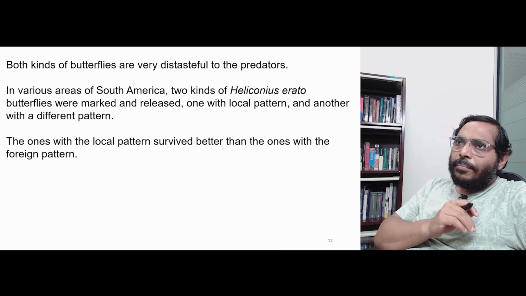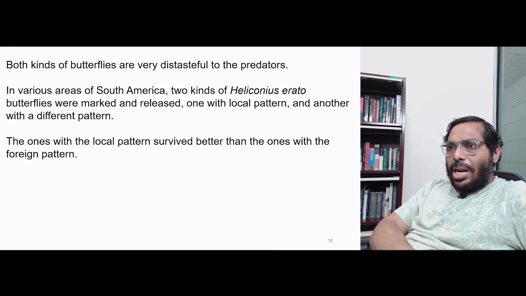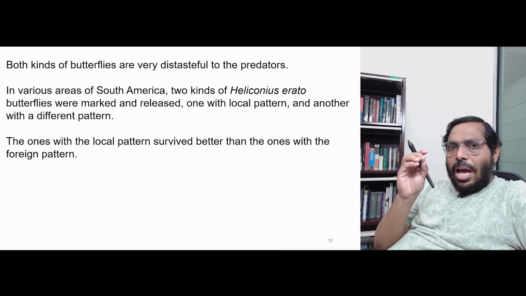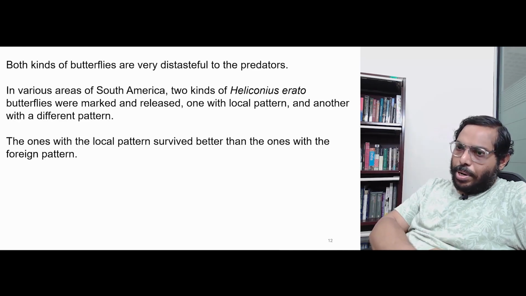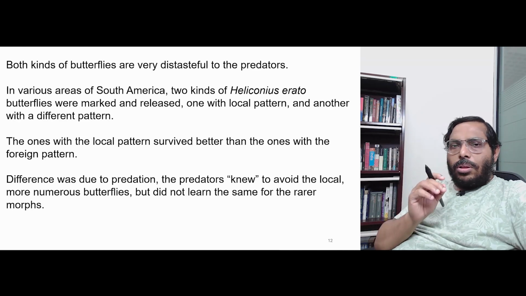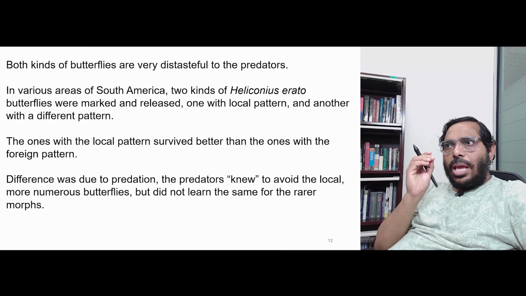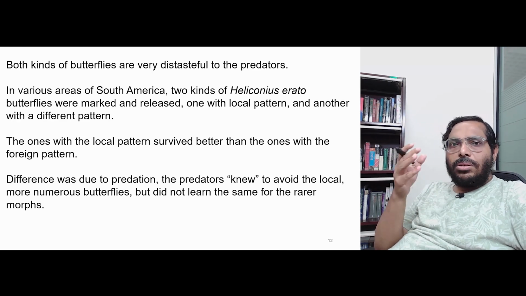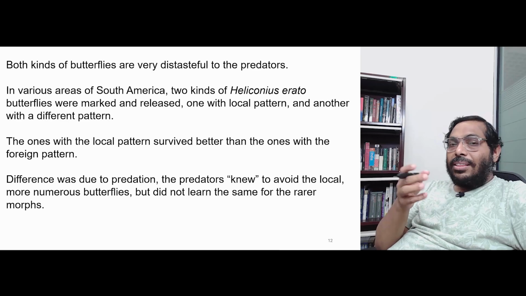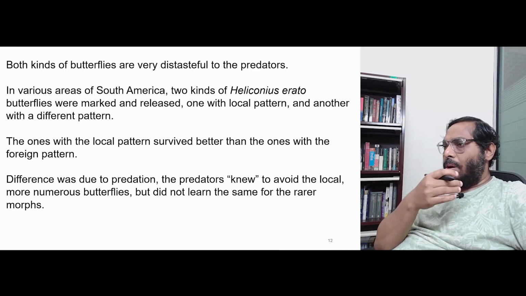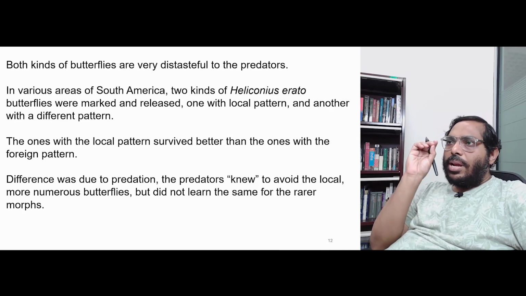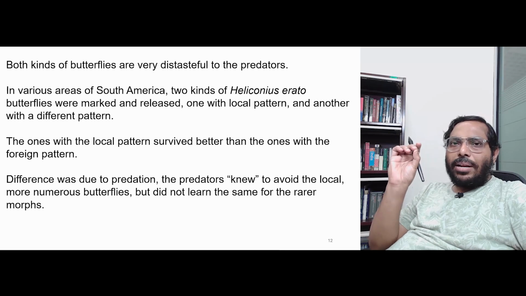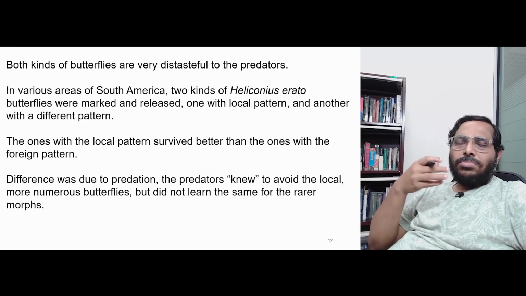And why is that happening? That is happening because, remember I told you, these butterflies are being preyed upon by birds. Now, the predators, when they are born, do not have an innate ability to distinguish between what is edible and what is not edible. They learn over time that if I eat a butterfly with this particular pattern, I am going to get a stomach ache, or it is going to be very bitter.